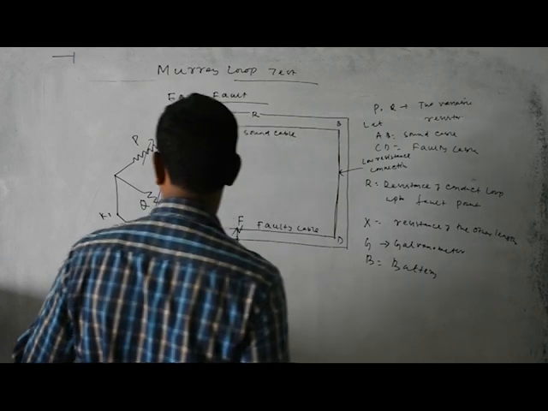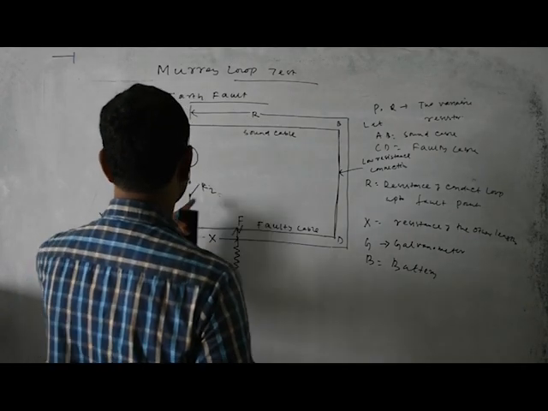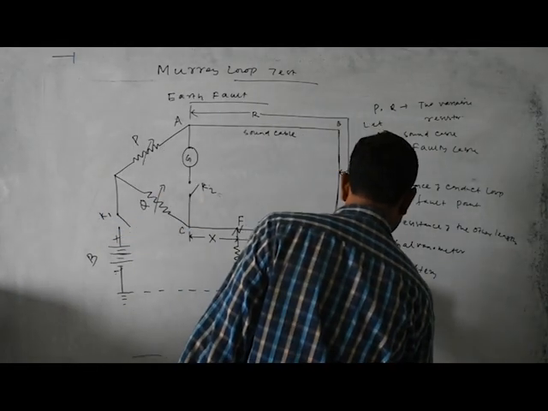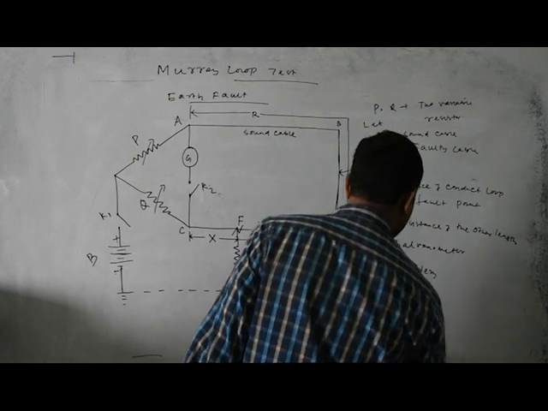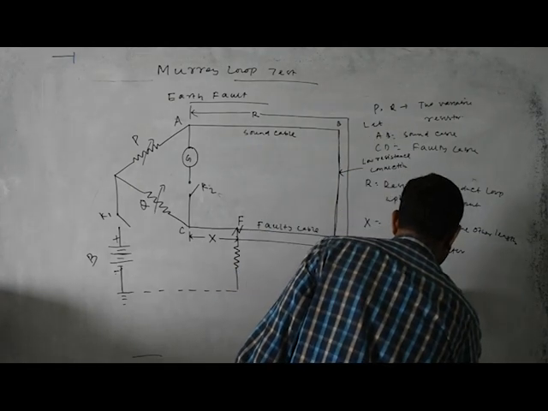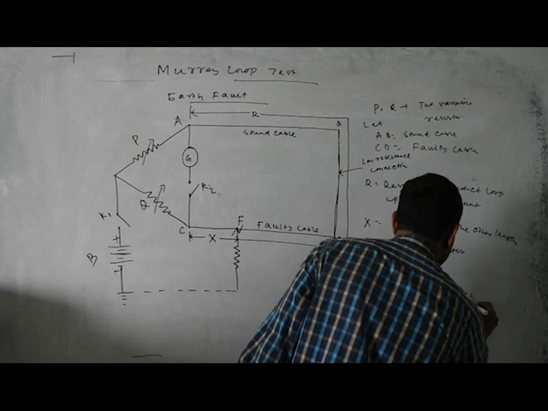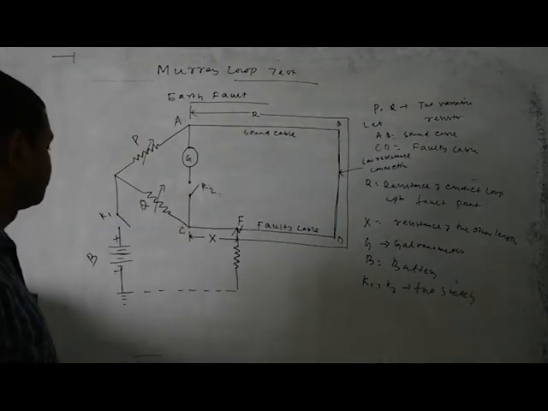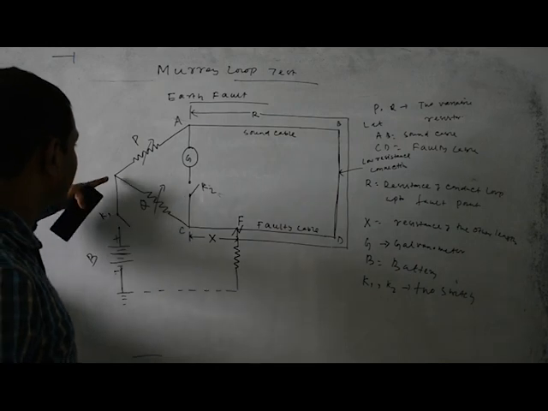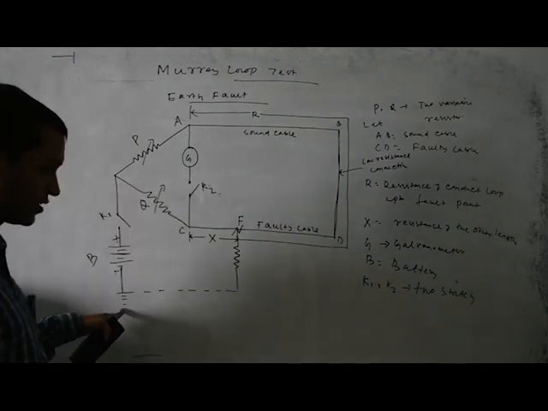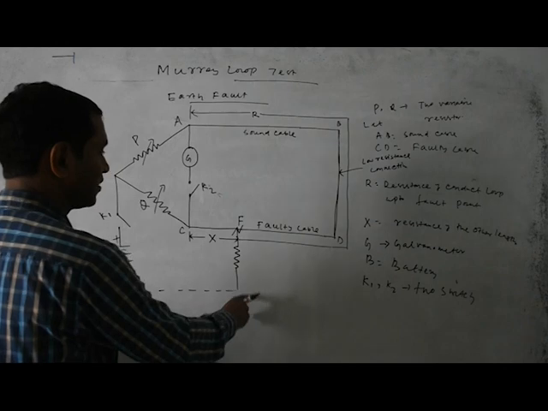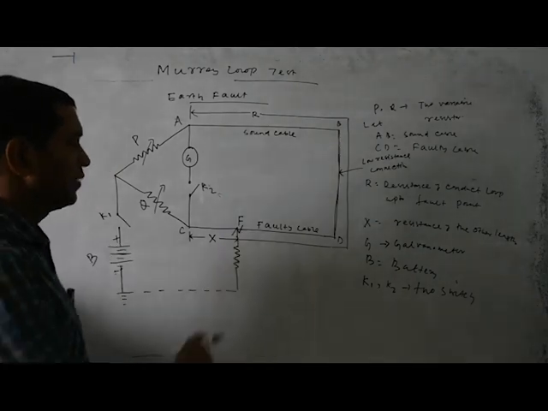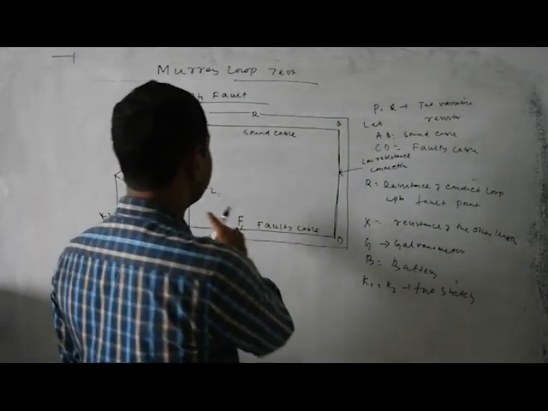K1 and K2 are two switches. Here this is connected to R and this is connected to the fault end. F is the fault point.